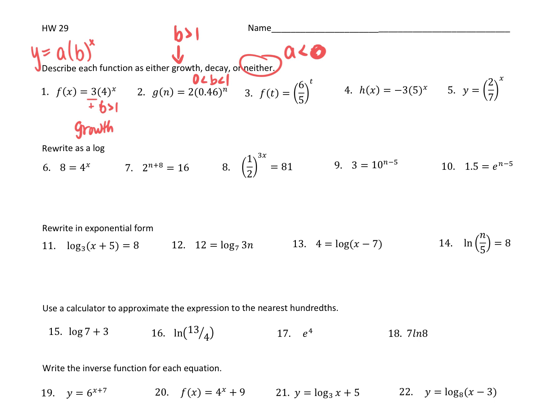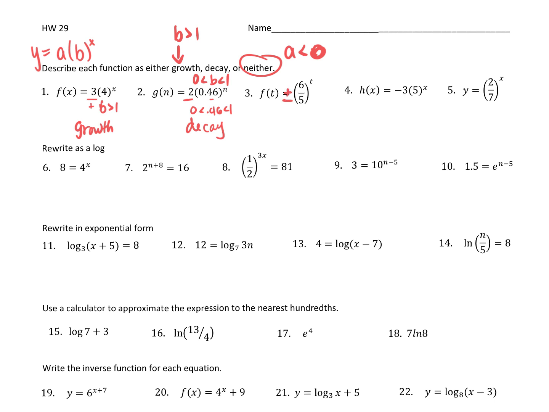Now number 2. 2 is greater than 0, so it's either growth or decay. 0.46 is between 0 and 1, so this is decay. Number 3.